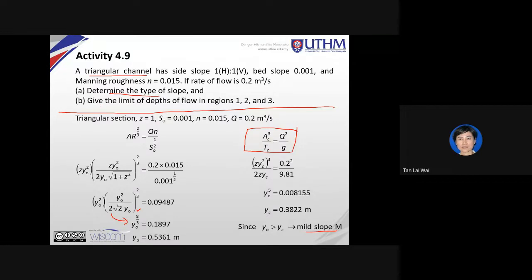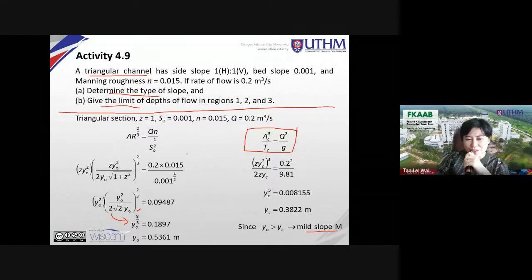Kemudian, the second part. Tanya, what is the limit of depth of flow in region 1, 2 and 3? Now, I have Y0, I have YC, and I have the channel's bottom. So this is YC, this is Y0.